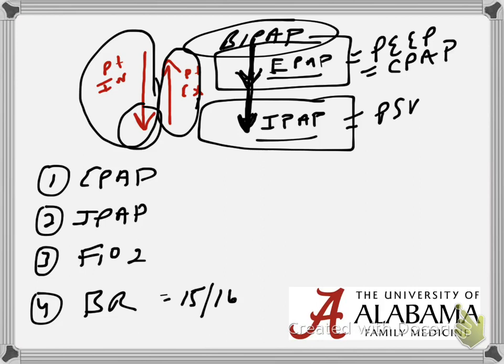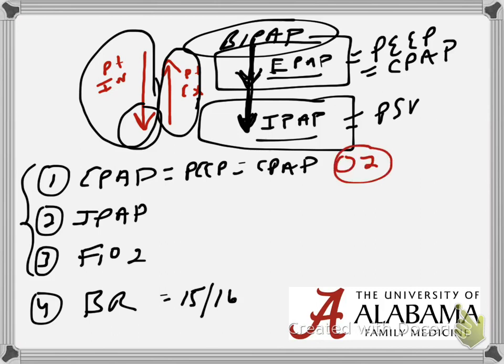So these are your three main settings that you're thinking about: your EPAP, your IPAP, and your FiO2. Your EPAP is the same thing as PEEP, which is the same thing as CPAP. This is the pressure that they're going to blow against even as they're exhaling. This is the most important pressure if you're dealing with an O2 problem. Your CHF patient, your patient with pulmonary edema, your patient with pneumonia, this is fluid in the lungs.